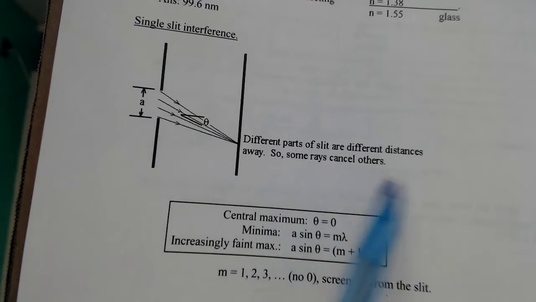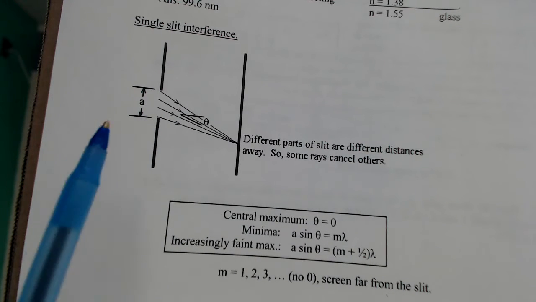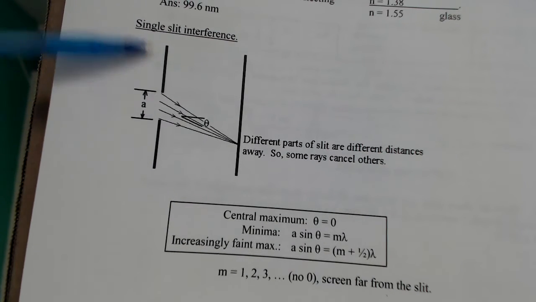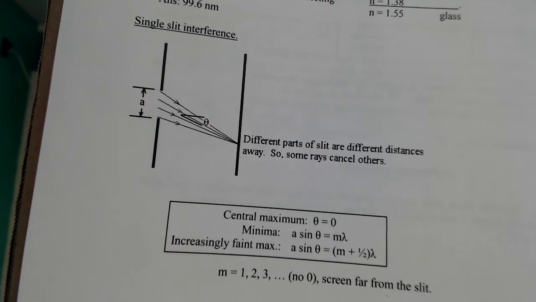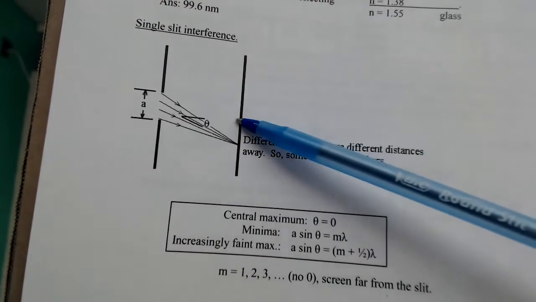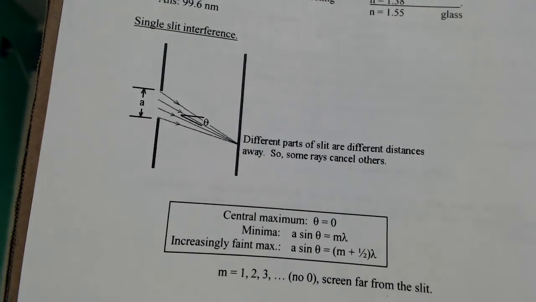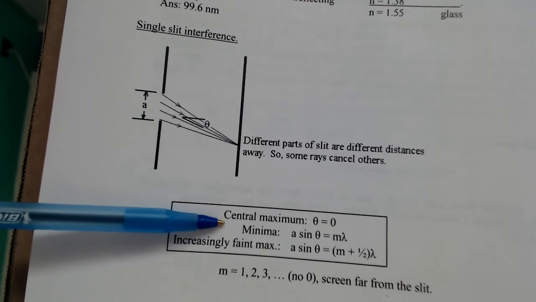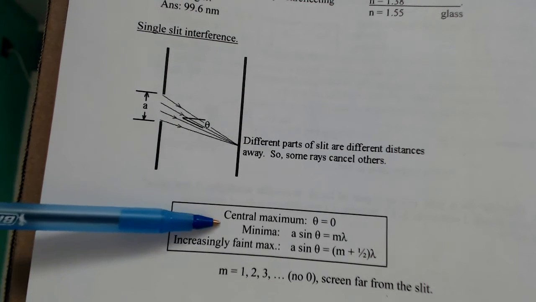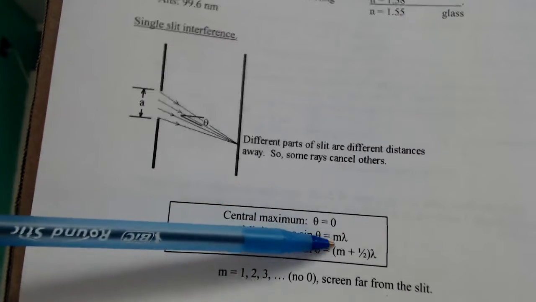The distance of the screen would be many times the width of the slit, typically. Right directly across, theta equals 0. All those rays are practically the same length, and so you get constructive interference. And so right in the middle of the pattern, there's a bright spot. So that's the first thing in the box there: central maximum at theta equals 0.